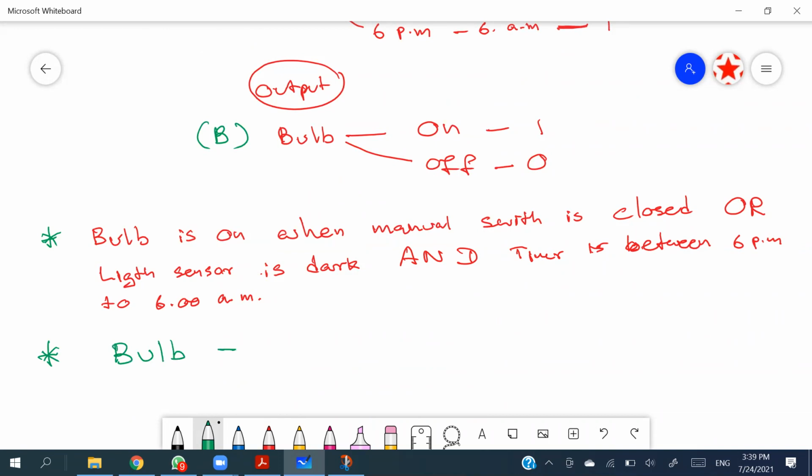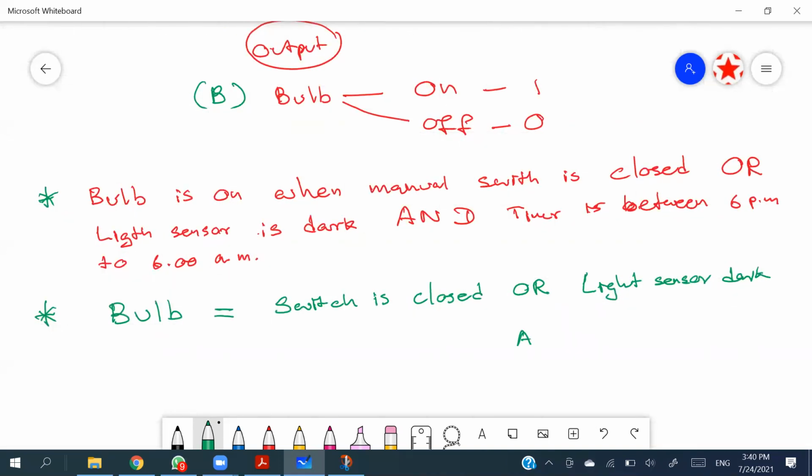We can say bulb equals switch is closed, or light sensor dark, and timer is between 6 p.m. to 6 a.m. I write it over here.